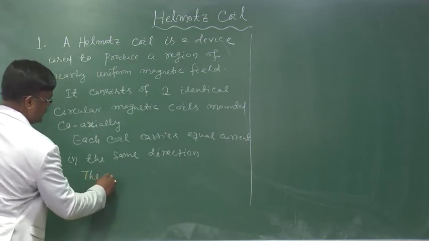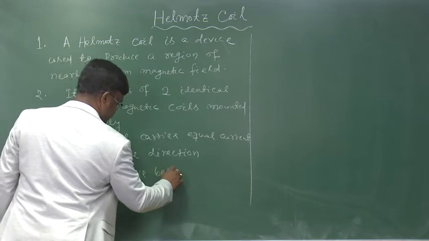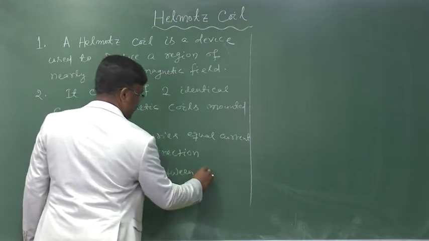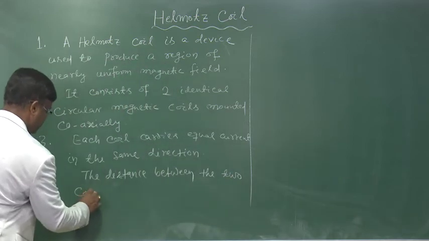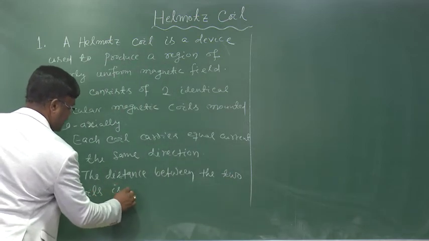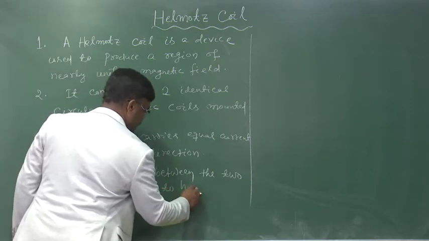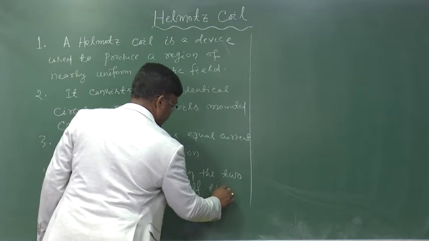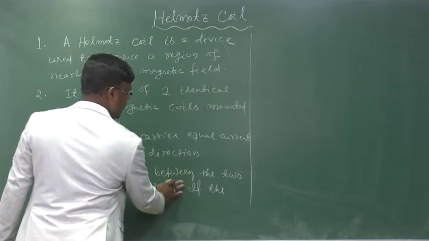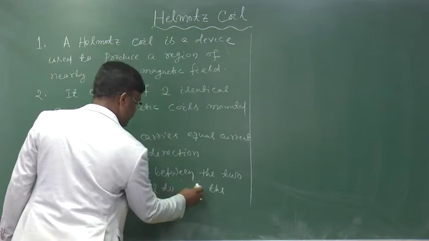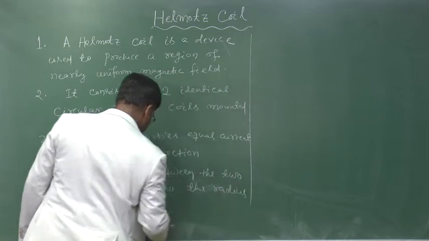The distance between the two coils is equal to the radius of each coil.